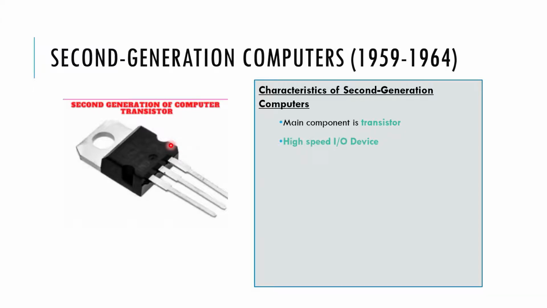They had very high speed input output device. Size was reduced because of the transistor coming into picture. They were more reliable than the first generation computers.